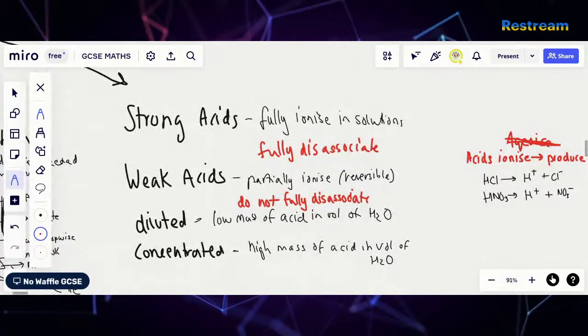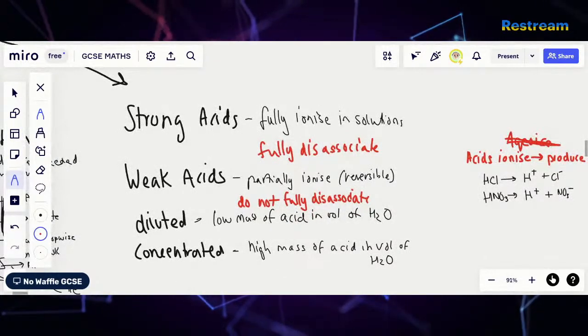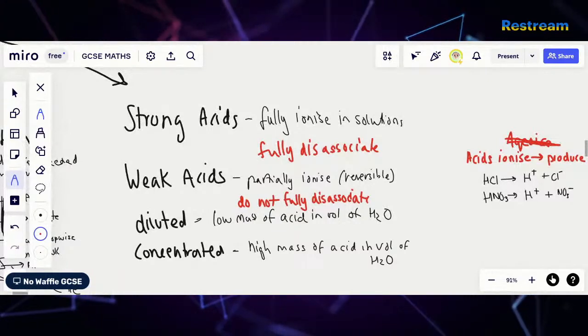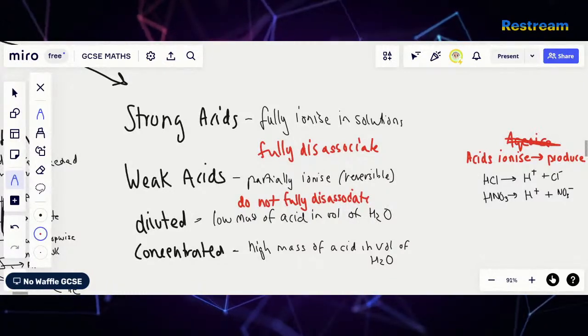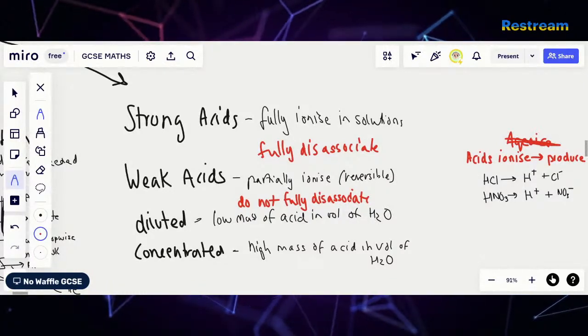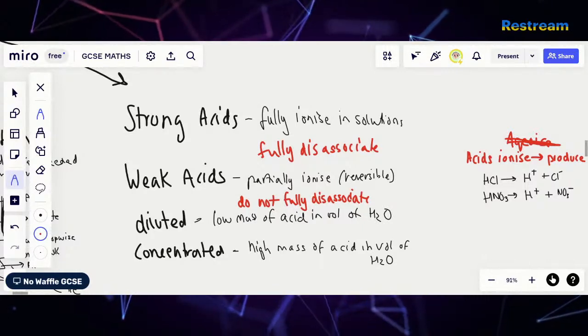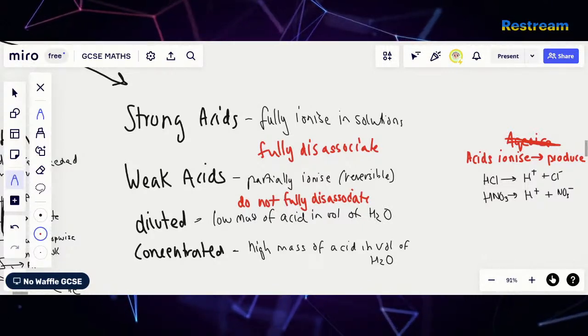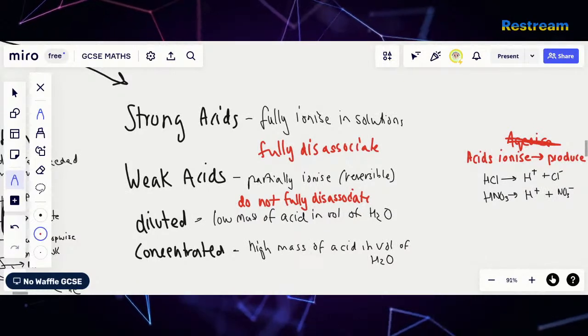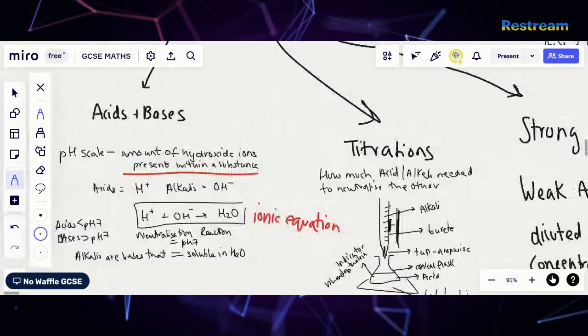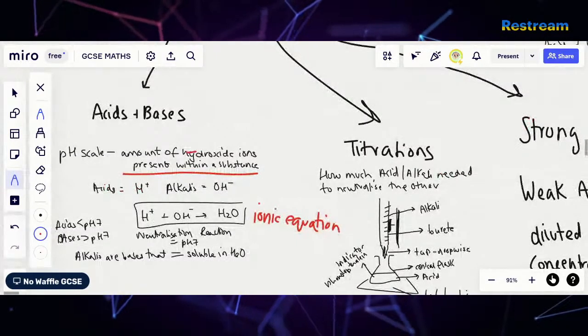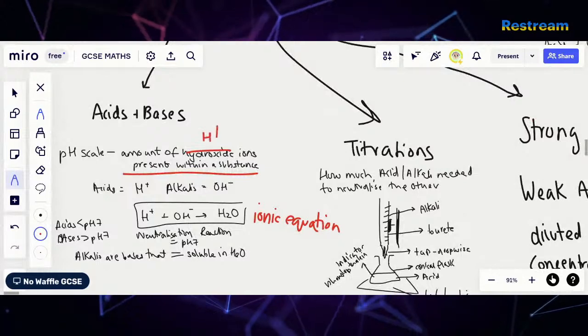Now, reactions of acids involve the H plus ions reacting with other substances. So if the concentration of H plus ions is higher, the rate of the reaction will be faster. So strong acids will be more reactive than weak acids. Okay. Now, as we said, pH is just a measure of the hydrogen ion, so not hydroxide, the H plus ions within a solution.